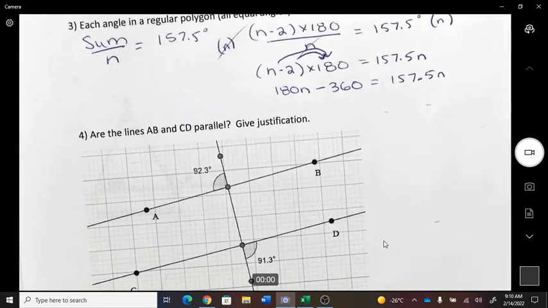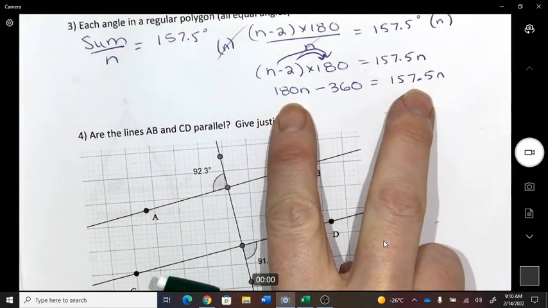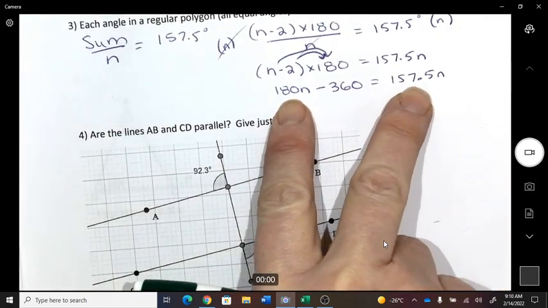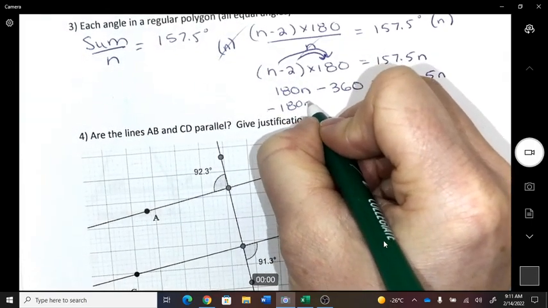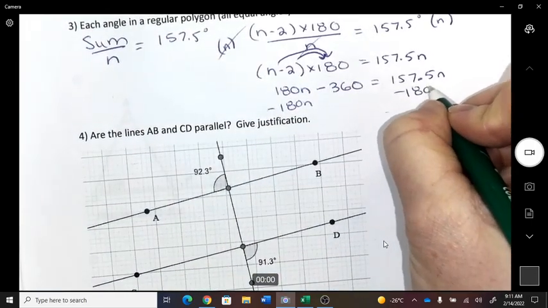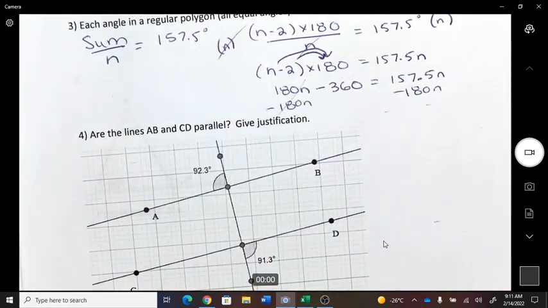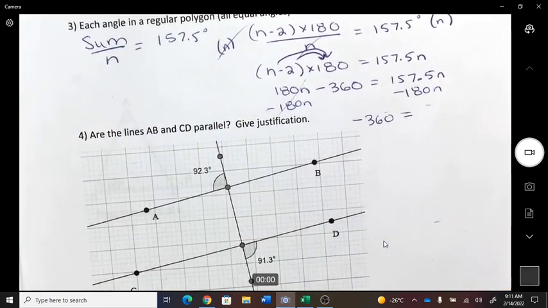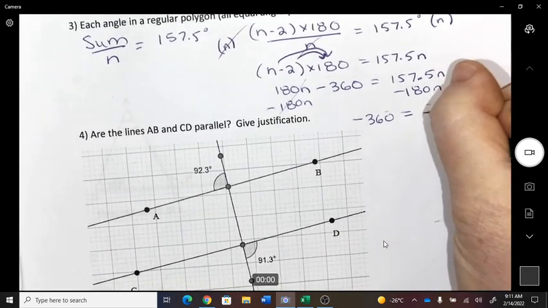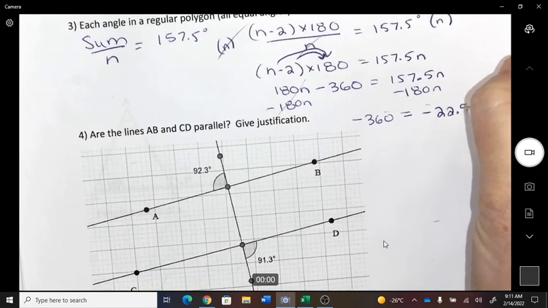Now I'm going to have to collect like terms. So I'm going to put these ends together. So I'm going to go like this. I'm going to minus 180n. So negative 360 equals negative 22.5 n.